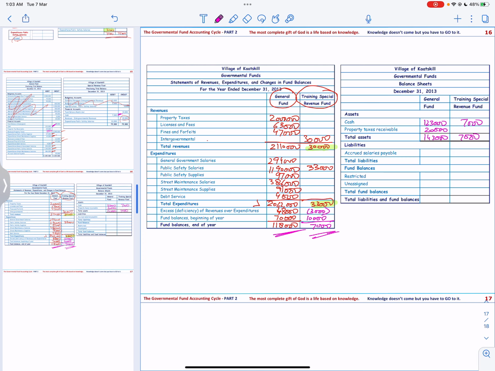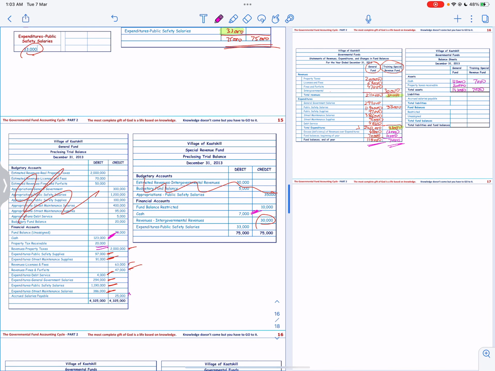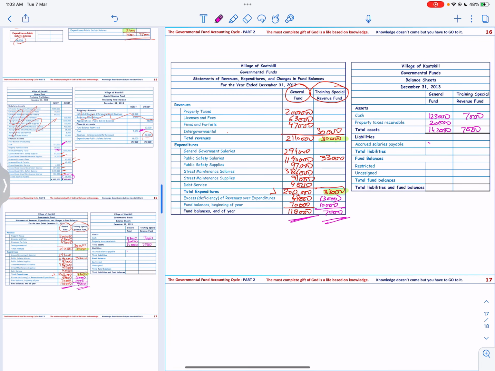Then we look into the liabilities. We have accrued liability of 25 for general fund, and there are no liabilities for training and special revenue, so the total is 25,000, and here it becomes 0. And the fund balances now are going to be restricted and unassigned.